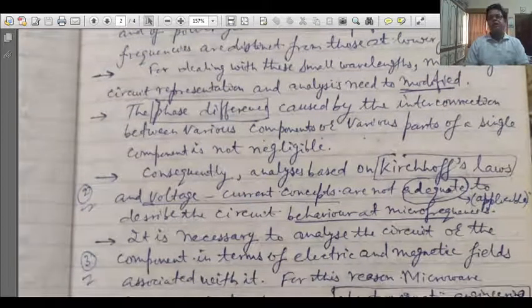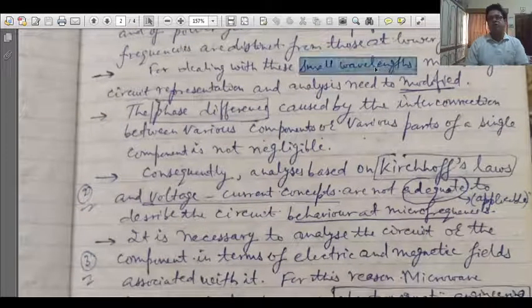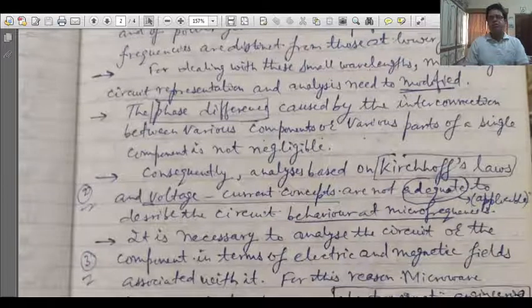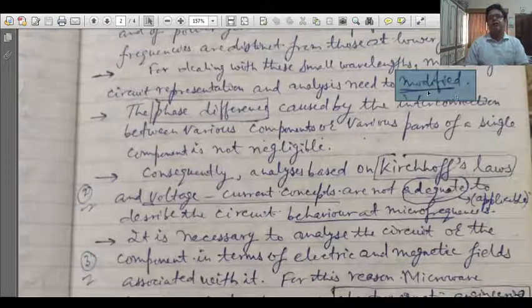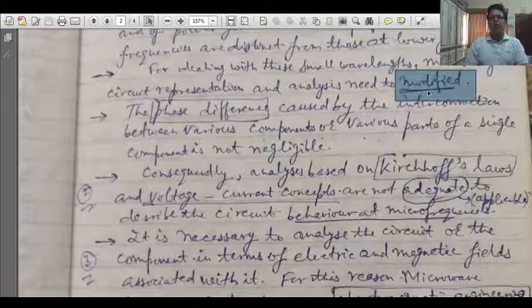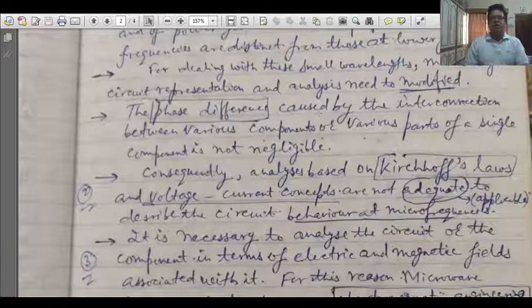For dealing with these small wavelengths, methods of circuit representation and analysis need to be modified according to these wavelength ranges.